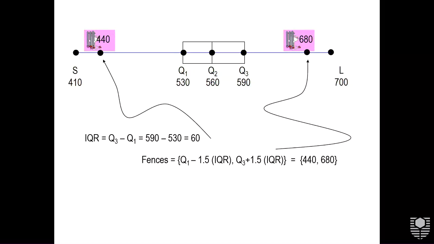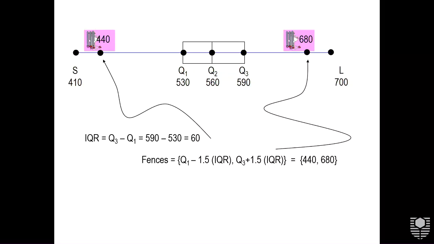You're going to have the lowest, the little rectangle in here, and when we calculate it, the lower fence is equal to 440, which comes from 530 minus 90.